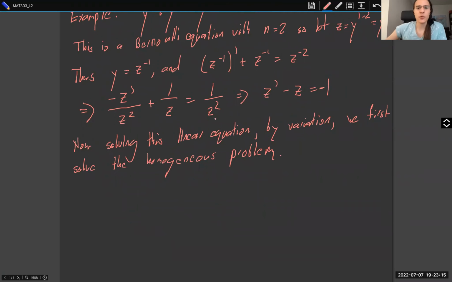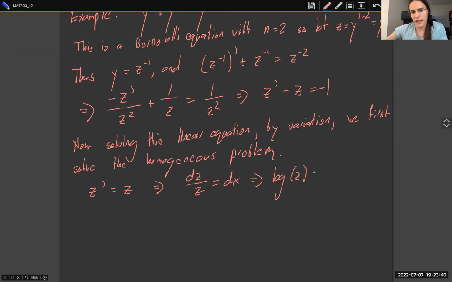Good. So we're solving the homogeneous problem. And so the homogeneous problem is z prime is equal to z. Okay, that's not bad. So dz over z is equal to dx. So log, and remember, we just want a particular solution to the homogeneous problem at the moment, so we're not going to worry about constants.